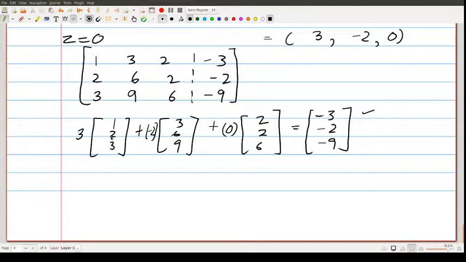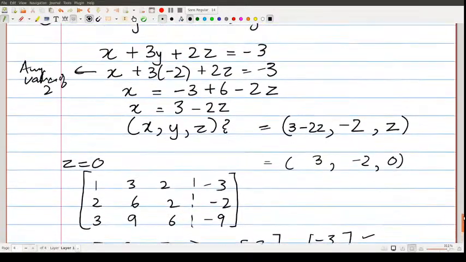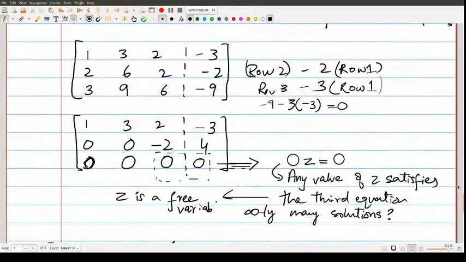Where did I make a mistake? I'm getting minus 12, and this doesn't give me a solution. I have made a mistake somewhere. Let's find that mistake.